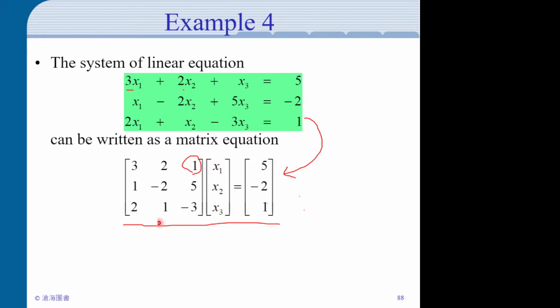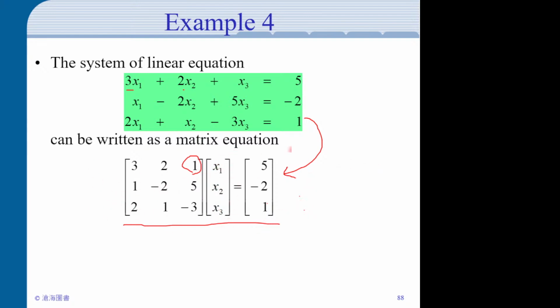You still have the coefficient matrix and the answer vector, but we don't write x1, x2, x3 so many times. Before we wrote each of x1, x2, x3 three times. You can see this matrix equation as a lazy way to write linear equations, because you write x1, x2, x3 just once as a vector.